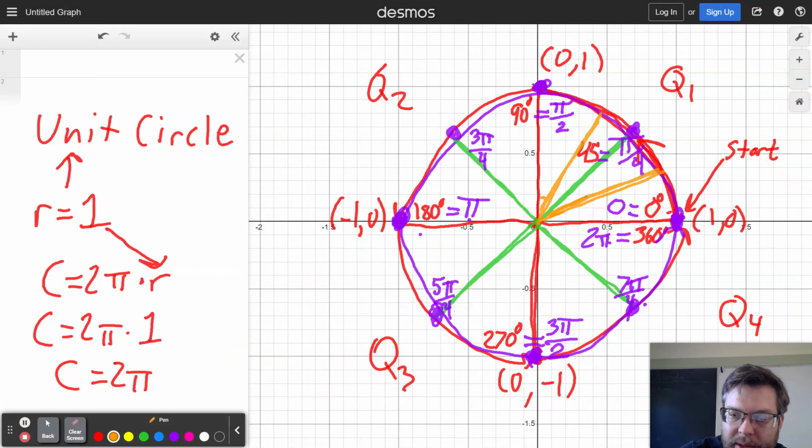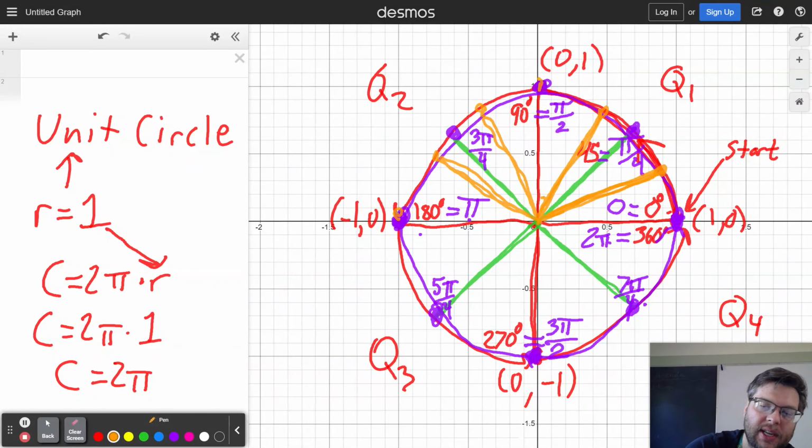Well, one way to think about this is that if I count by 30 degrees, I go 30, 60, 90, then another 30 makes 120, another 30 makes 150, and then I land directly on 180. It takes 6 of those counts, 1, 2, 3, 4, 5, 6, to get to 180.